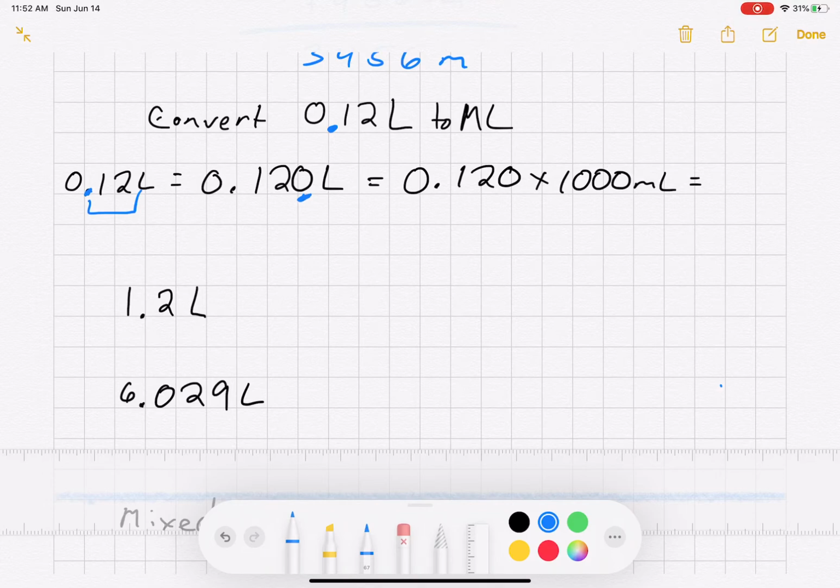So I add the 0 to the back. So I have 0.120 liters, and then I would multiply that by 1,000 milliliters, which would move that decimal 3 places. So I have 120 milliliters.